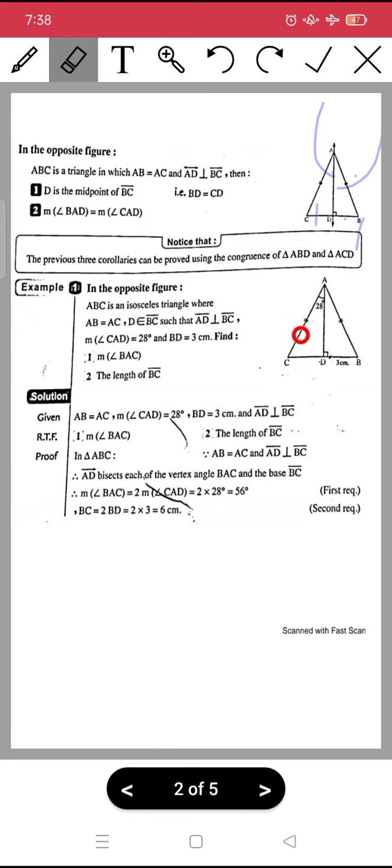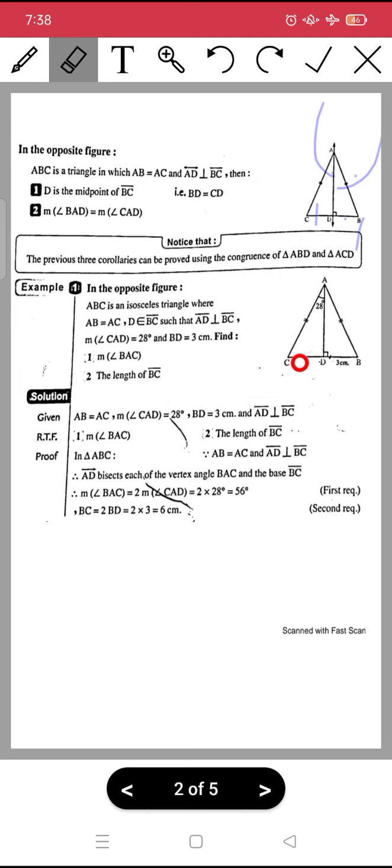Therefore AD bisects angle BAC. Therefore measure angle BAC equals double measure angle DAC or CAD, meaning 2 times 28 equals 56. This is the first requirement.